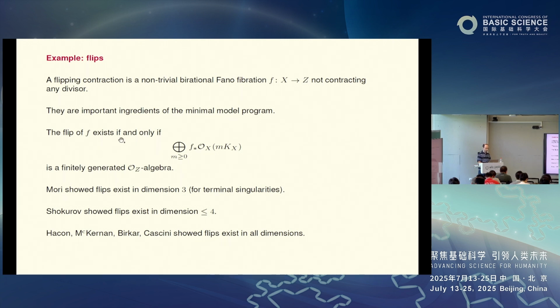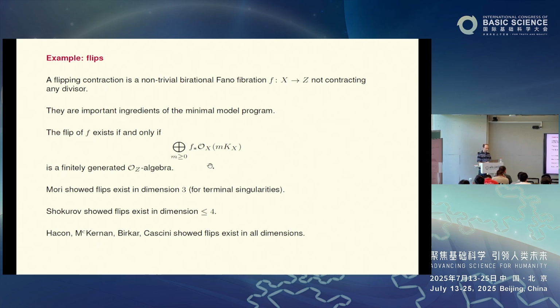And this construction can be translated into this algebraic statement, which might be more understandable to those not familiar with the story. So what you need to do is you form a graded algebra of sheaves, taking all powers of the canonical bundle, and then you need to show that this is a finitely generated algebra. So it becomes an algebraic statement.